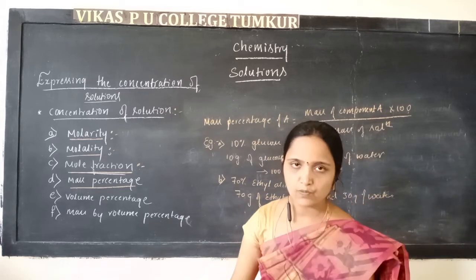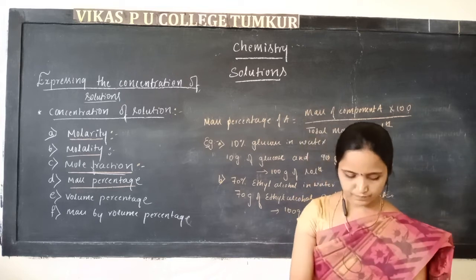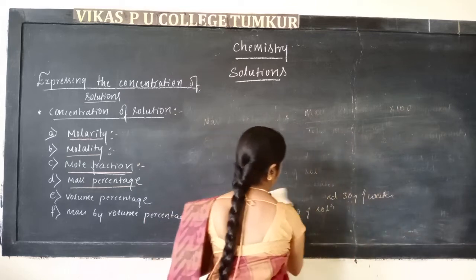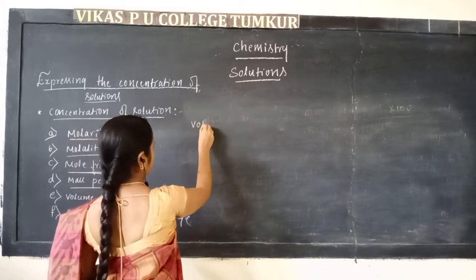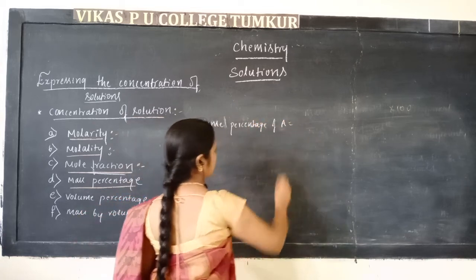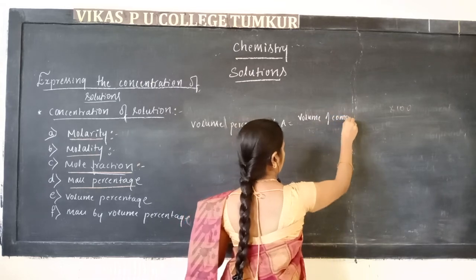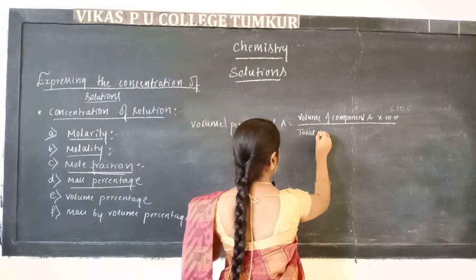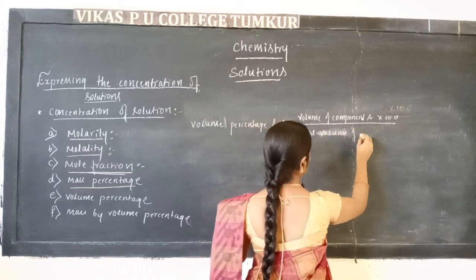Next we are going to discuss the volume percentage. In volume percentage, like this only, the volume of the component A. Volume percentage of A we can write down: volume of component A into 100 divided by total volume of solution.